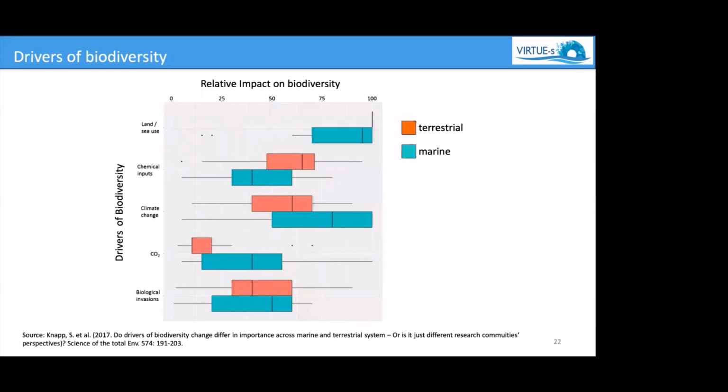Okay, so comparing the impacts of these different drivers of biodiversity on the marine and terrestrial ecosystem, the most important human-induced driver, in both the marine and terrestrial ecosystem, is the use of land or the use of sea.